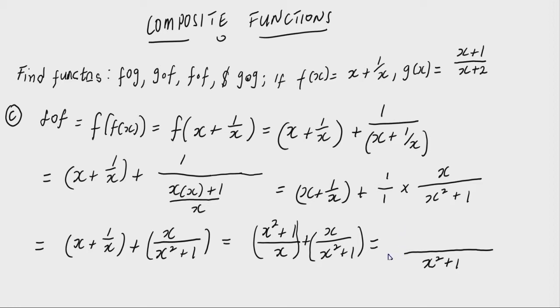So x and x squared plus 1 would be (x squared plus 1) over x times (x squared plus 1), plus, so x squared and x squared would just be 1, so it'll be 1 times x. Make sure that's correct.